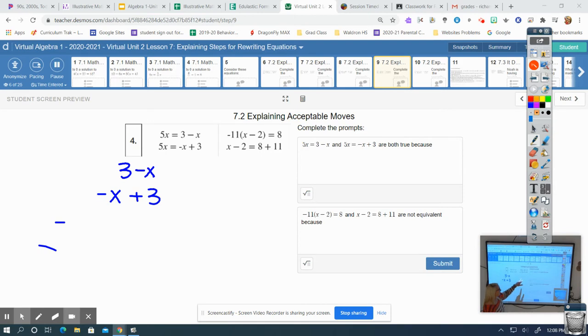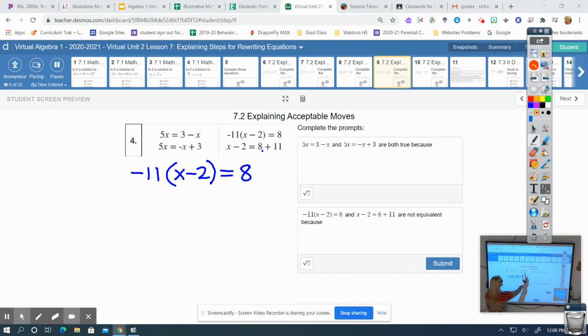The second one is not equivalent, and this goes back to what we talked about just a minute ago. We have negative 11 times x minus 2 equals 8. And you can see what they tried to do here was just add 11. So they said, oh, it's minus 11, I can just do the opposite and add 11 to both sides.